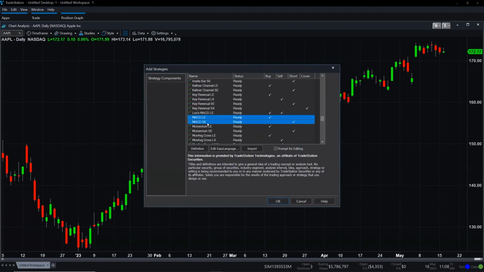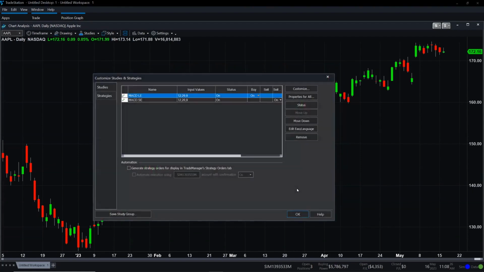They're very specifically labeled LE and SE for the purpose they were created for, long entry and short entry. Of course, I want to add them both to the chart because I want these two strategies to flip back and forth between each other.